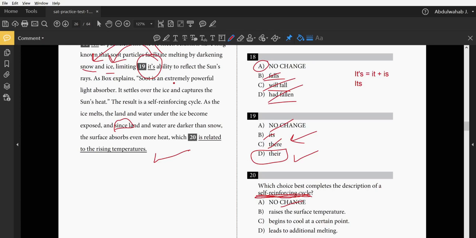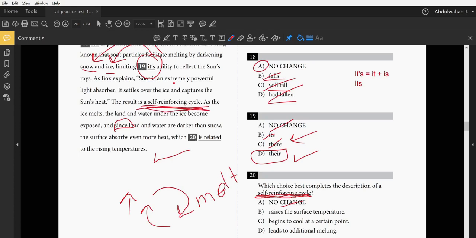We're talking about the cycle where the rising temperature leads to the thawing or melting of the ice. As temperature increases, the ice begins to melt. We're looking for this kind of cycle or relationship. That's the reinforcing cycle that we're talking about right here.